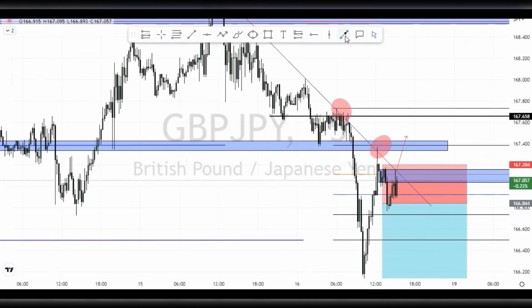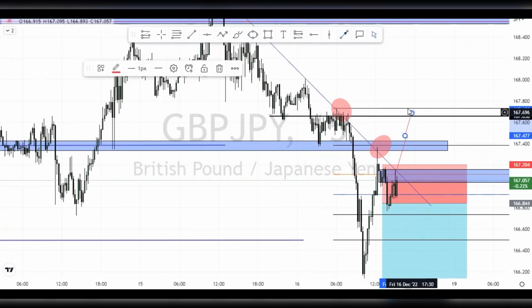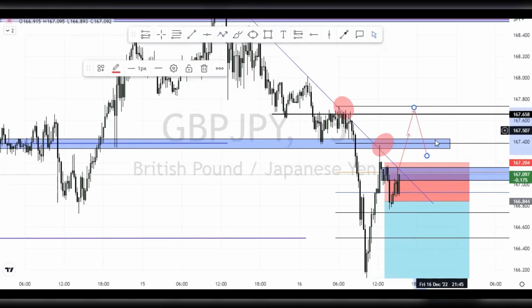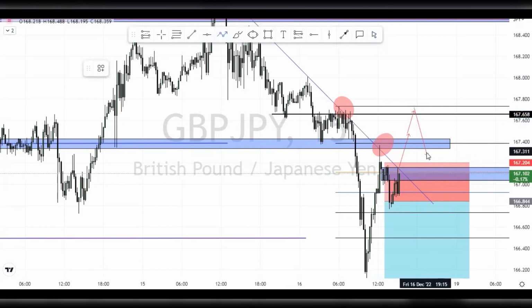We could actually bounce back up and find a retest and then a continuation to the upside, somewhat like this. You get what I'm saying. So we could see that happen. But for now, still very good with the trade, and I'll update you guys.